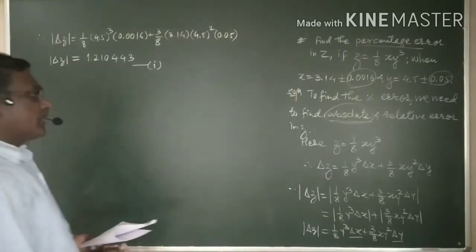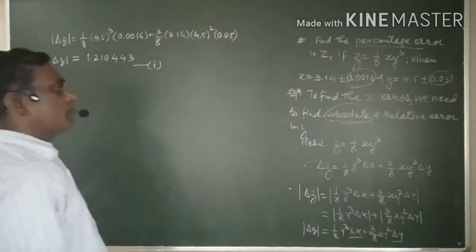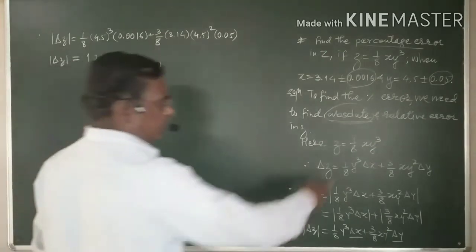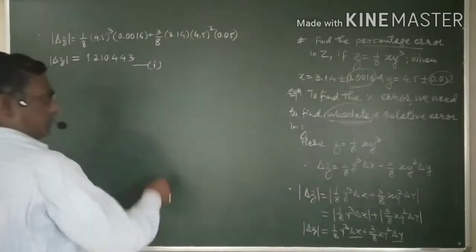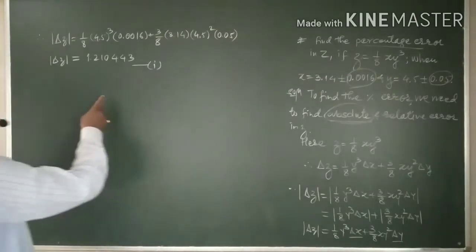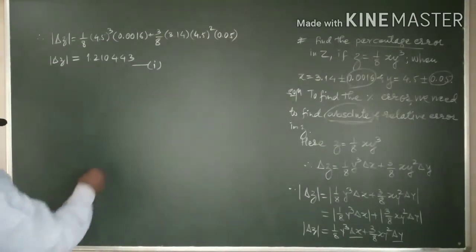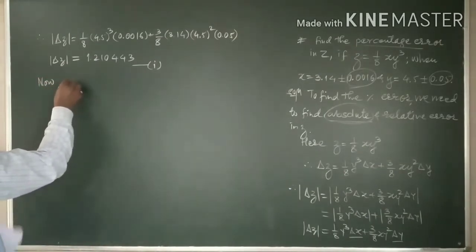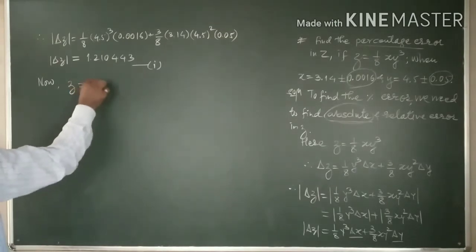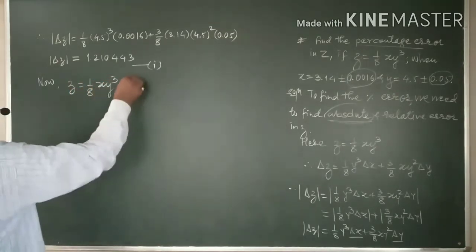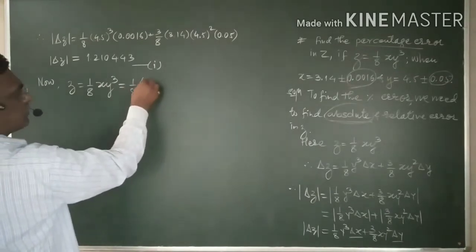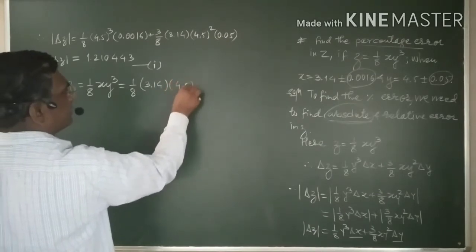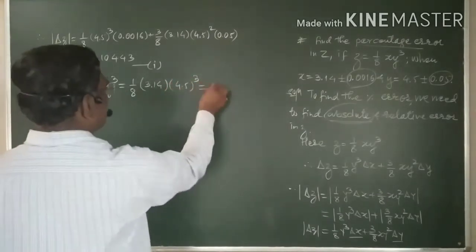Now, to find out the relative error, again we know the formula. To find it, we need the value of z. So first of all find out z, and after it find out the relative error. Well, what you have here, z is equal to 1 over 8 x y cube, which is equal to 1 over 8, x is 3.14, and y is 4.5, cube.